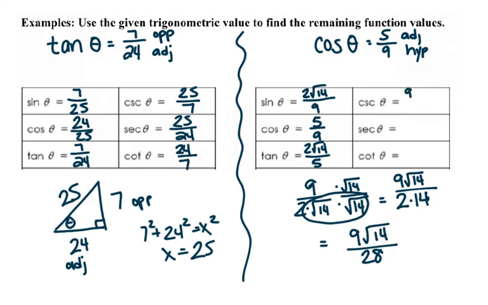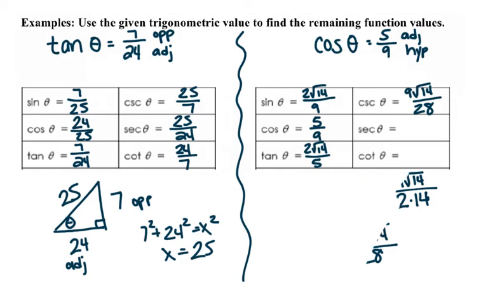It's going to be 9 square roots of 14 over 28. So I just want you to understand that if you were looking at this on a quiz or a test, you would see this simplified fraction and I want you to understand how we're getting that. So you never want a radical on the bottom.